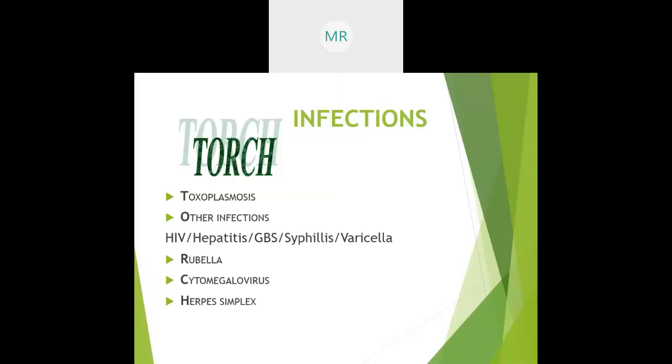CMV is a member of the herpesvirus family. There's only about 1% of babies that are born with the infection. Usually, mama has had positive sexually transmitted diseases, STDs, and she hasn't been treated. Babies will get cold sores, will have the bacteria.